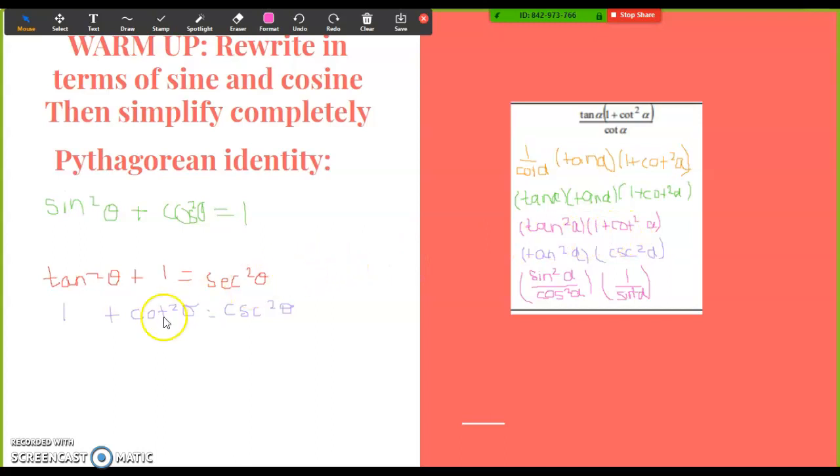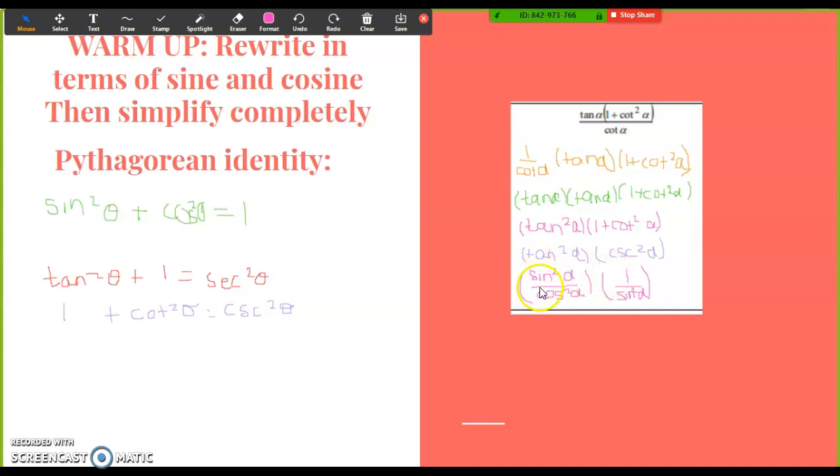And if you look, it is. We had 1 plus cotangent squared of theta equal to cosecant squared theta. So what I did is I substituted cosecant squared of alpha right here for 1 plus cotangent squared alpha. And look at that, I ended up with tangent squared alpha times cosecant squared alpha.